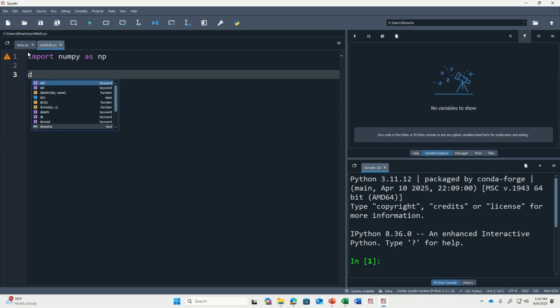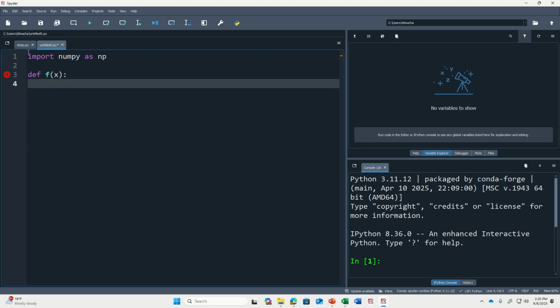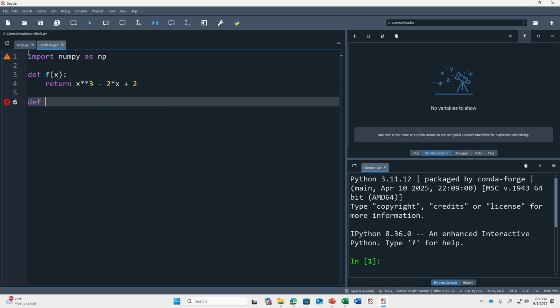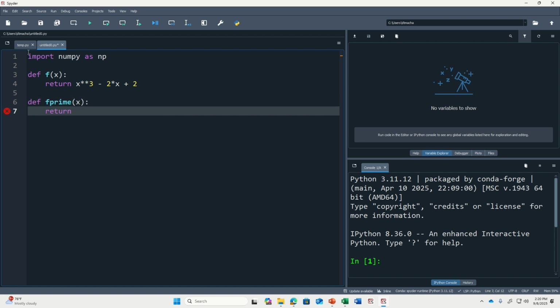So let's define my f function to be that function x cubed minus 2x plus 2. And then let's define f prime to be the function 3 times x squared minus 2.